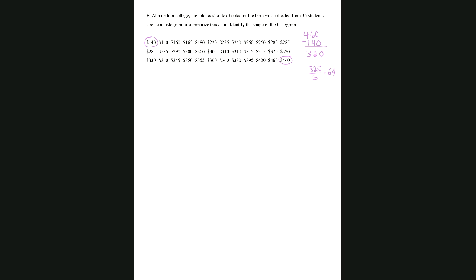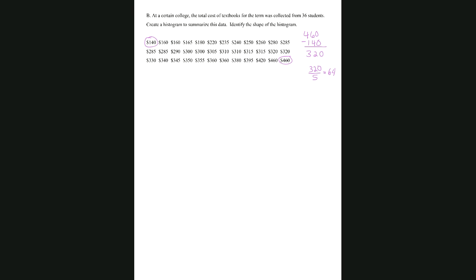You could divide 320 by 10 to get 32. So we could have 10 classes with 32 possibilities in each class. I don't know if there's anything else.